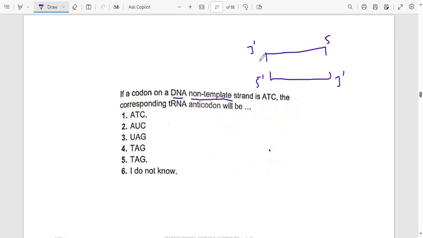Which one of these two strands will form RNA? Is it the first strand or the second strand? What do we call this strand? Which one is the non-template strand? This one or this one?